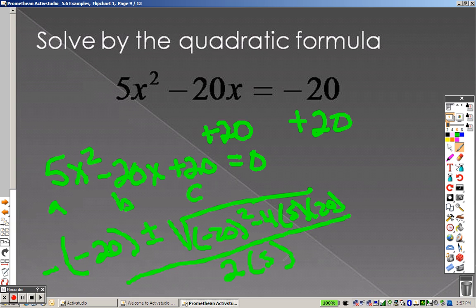Underneath the square root, you end up getting a 0 again. So all of that's 0. So really you end up with negative 20, which is a positive 20 over 10, which simplifies to just being 2. And we will finish up here when we come back.